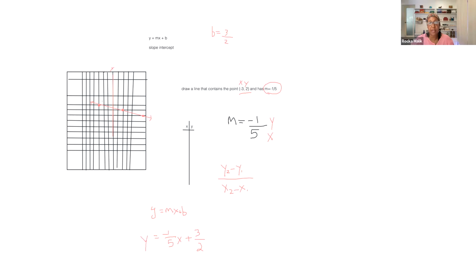Now if x is 0, in my table of values, I can see what the value is for y. If x is 0, 0 plus 3/2 equals my y, and that's what I have here, 1.5.